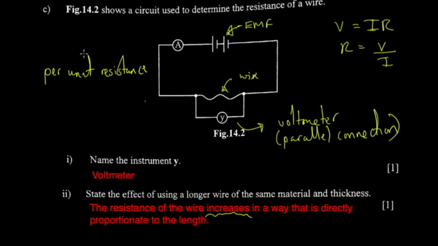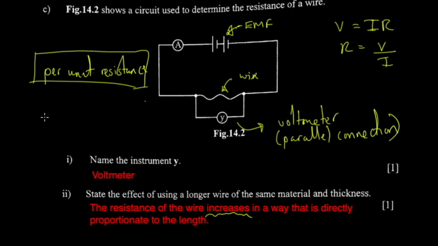So with this per unit resistance concept, if you're given any length, let's say your conductor is actually 2 kilometers, then you can just use the per unit resistance in simple proportion with the length that you have, and then you get the exact resistance that you want.